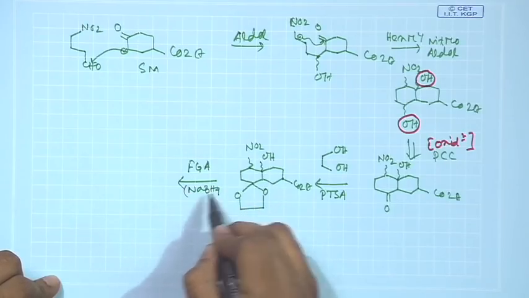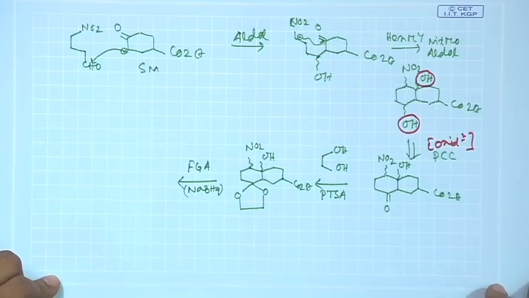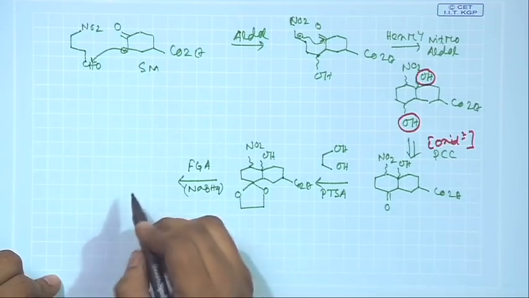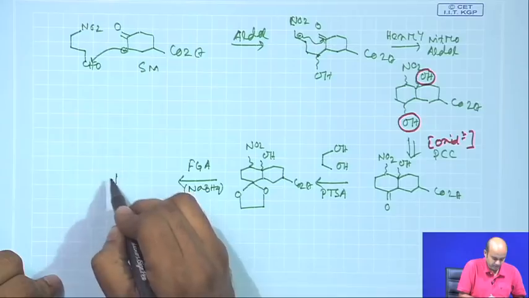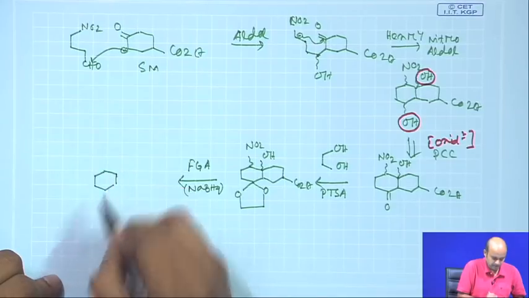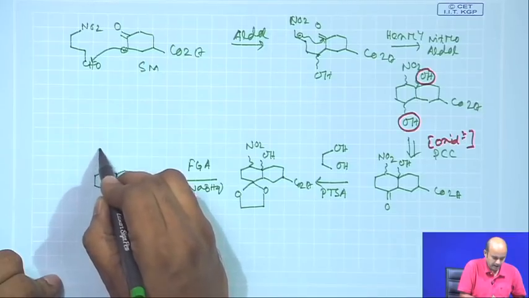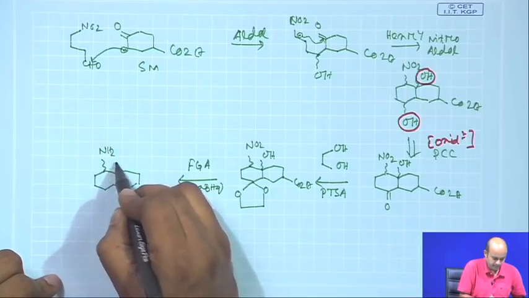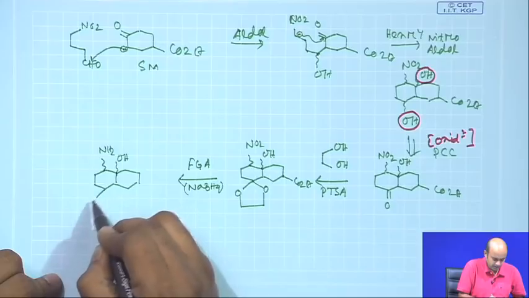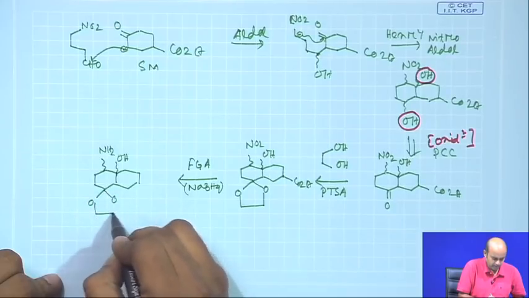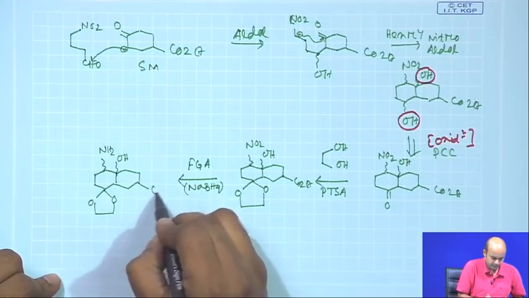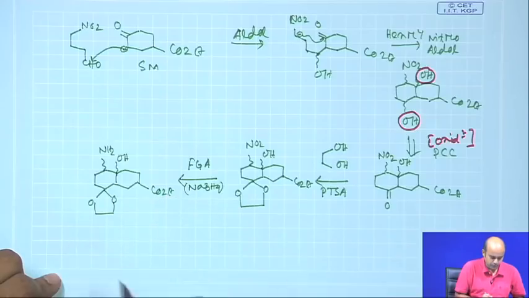Sodium borohydride will only reduce the nitro group, and that will basically give you the nitro to corresponding amine compound. The remaining part all remains the same. So, nitro group is now reduced to amine.